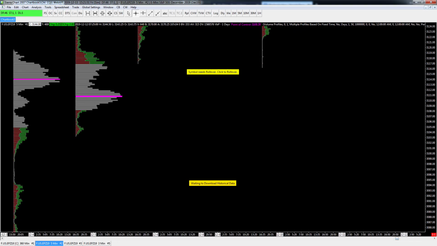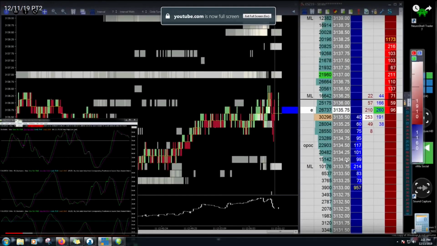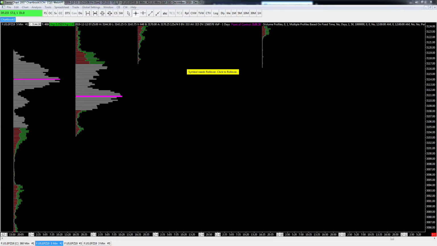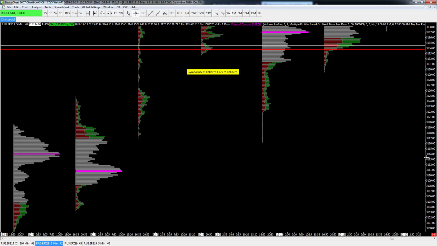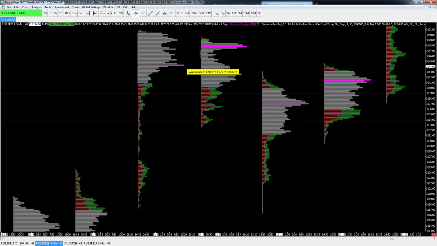So this particular, if we go back to the DOM, this is where the trade takes place at 137 even. So let's go ahead and look at 137 even on the 11th.